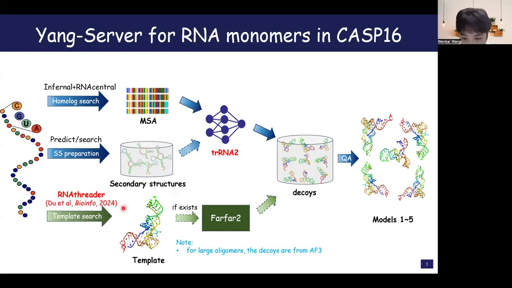In addition, considering some templates may exist, we also use RNAThreader, a template-based method from our lab, to identify 3D templates and generate decoys based on them. Finally, we apply a QA module to select the top 5 models for submission. For large oligomers, the decoys are generated using AF3, as these targets are beyond our current capability.